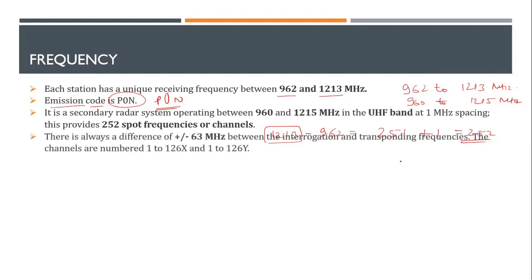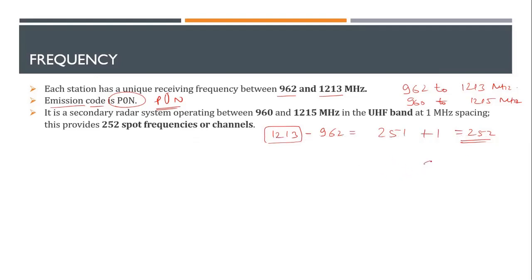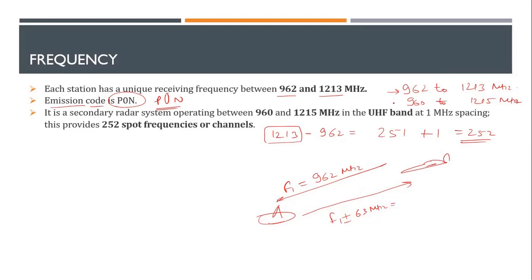What I'm trying to say is, if this is an aircraft and this is your DME station, the F1 frequency will be fixed. Let's take an example of 962 only. Suppose the frequency is 962. The sent back signal will be F1 plus or minus 63 megahertz. In this case, I cannot subtract it because that will be outside the margin, right?